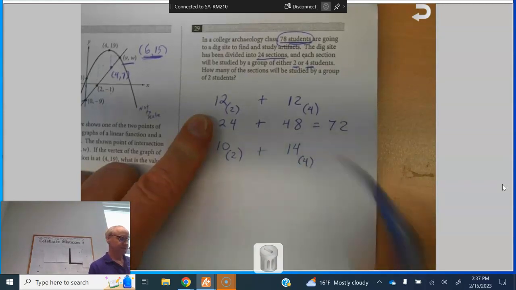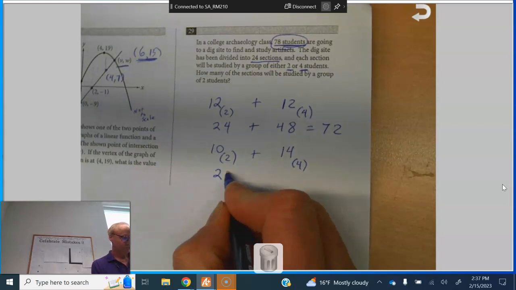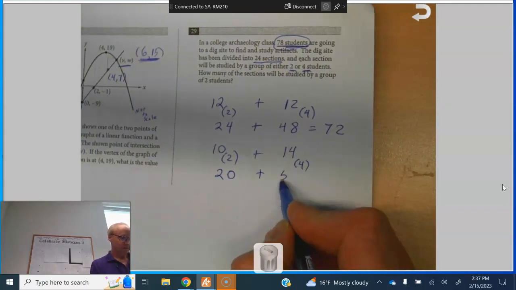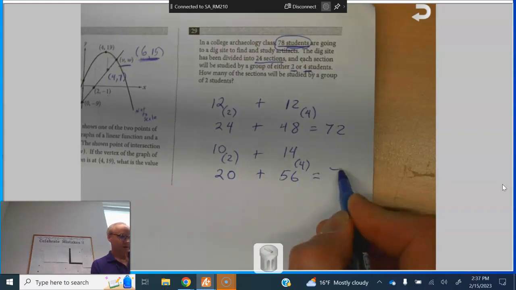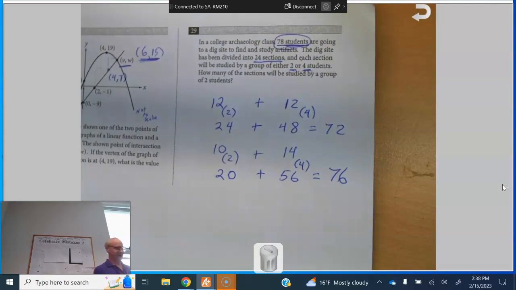Or sections. Try that. Oh, almost there. I think you can probably figure out where that's going and make sure you answer the question asked.